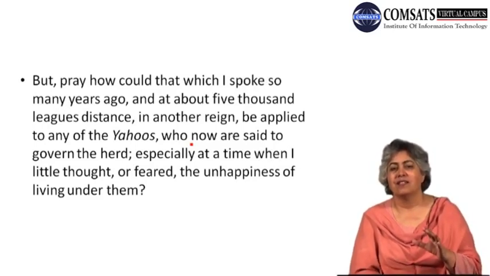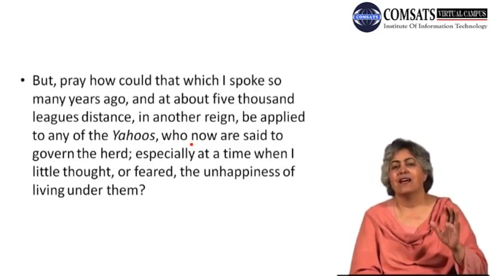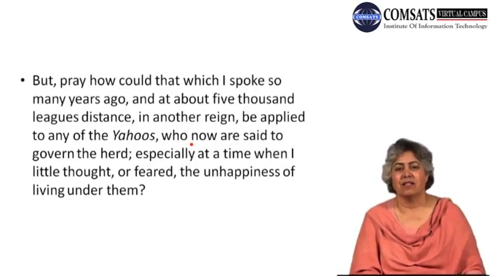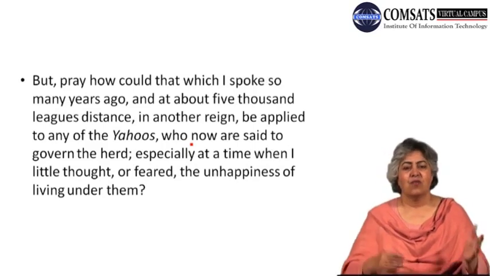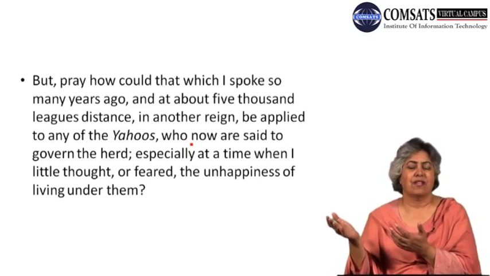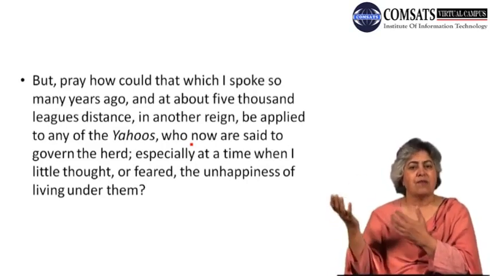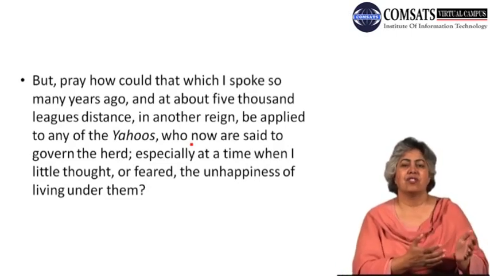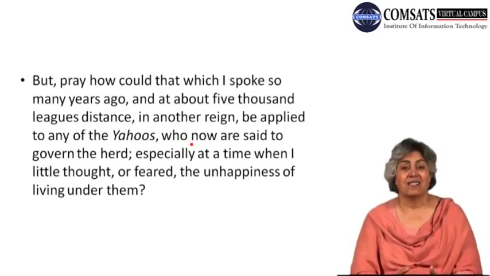They're not Houyhnhnms, they are Yahoos, they're savages, they're beasts, they're uncivilized. So he says, what I said so many years ago and so many thousand leagues far from England, how could that be applied to the savages who rule us?